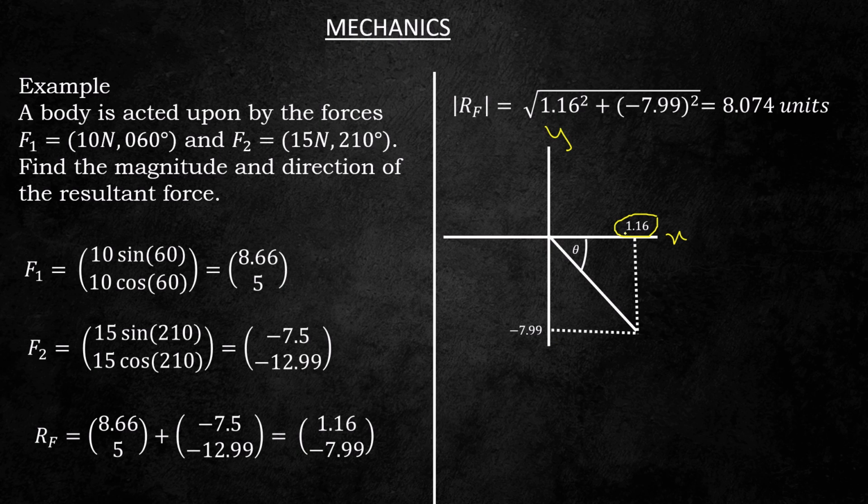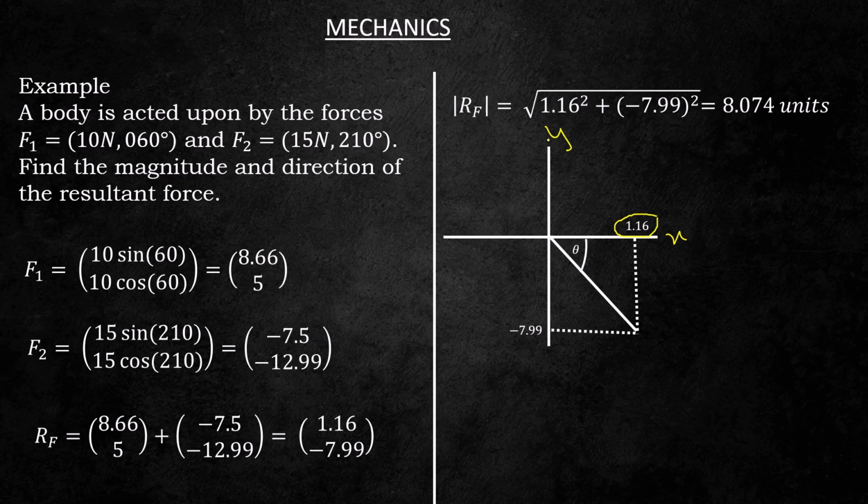Now we have negative 7.99 to be the y component, so you can see that it is written at the negative part of the y-axis. Then we will find this angle over here.